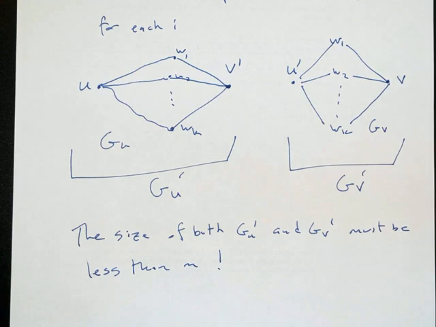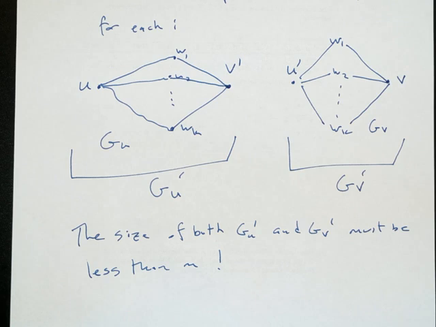But wait, there's more. Pick one, left side, right side, I don't care which one. Right side, from U prime to V, you have a separating set made up of all the W's. Menger's theorem. I have a graph of the smaller size.